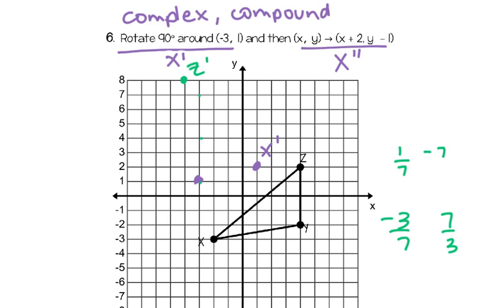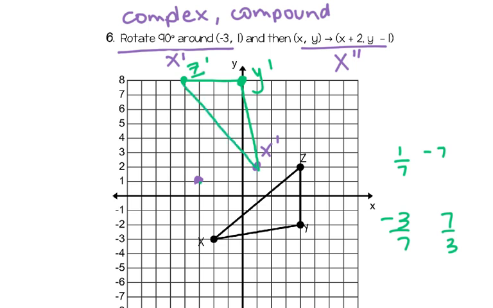I'm going to go up 7 and then over 3 because it has to be a positive slope. So negative slope, positive slope, 90 degrees. So that's looking right. And so this point right here, that will be my y prime. So what I'm going to do now is connect my points and make my new triangle.